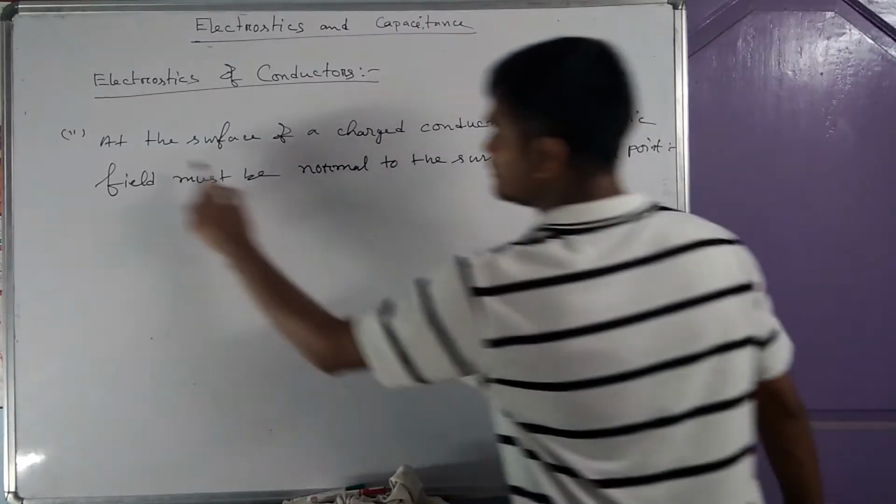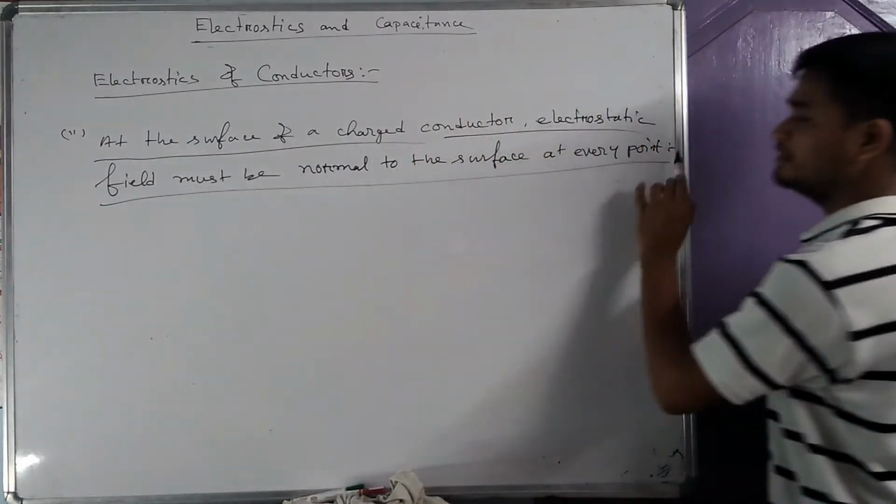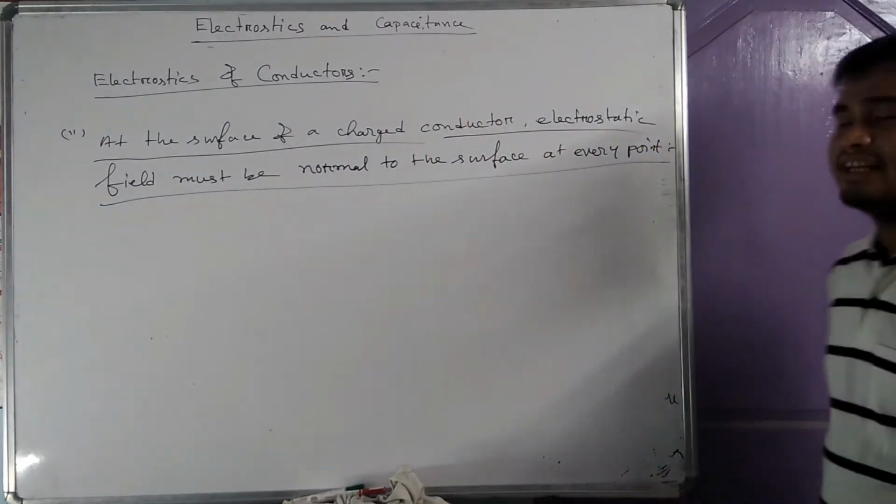Okay, this is the heading. At the surface of a charged conductor, electrostatic field must be normal to the surface at every point.